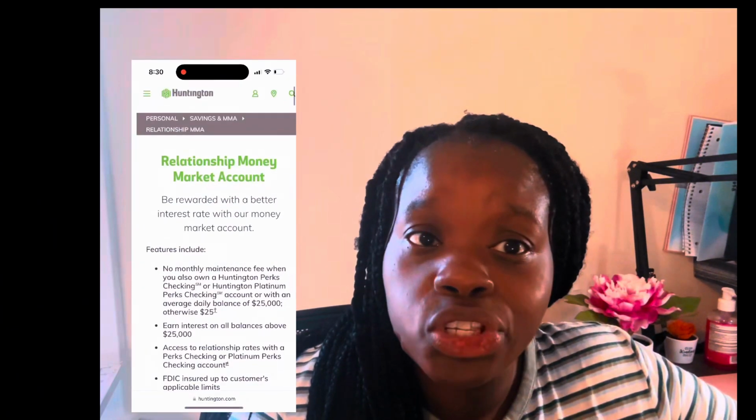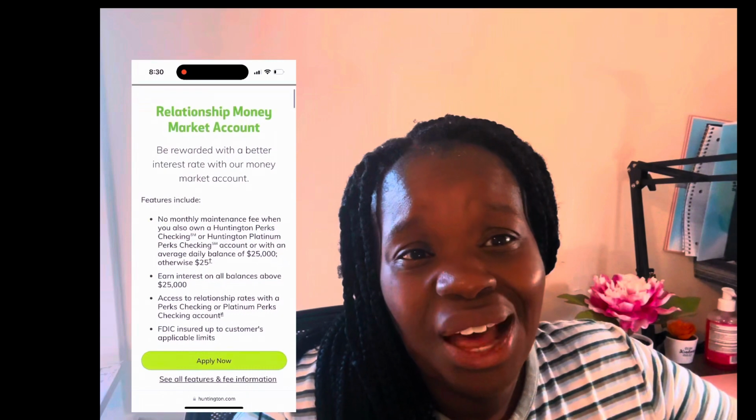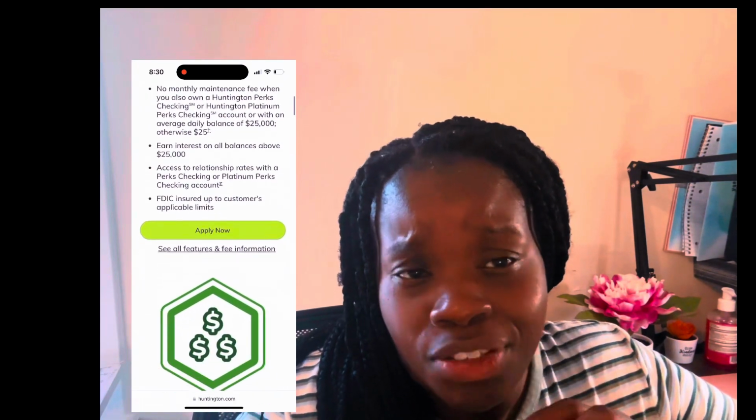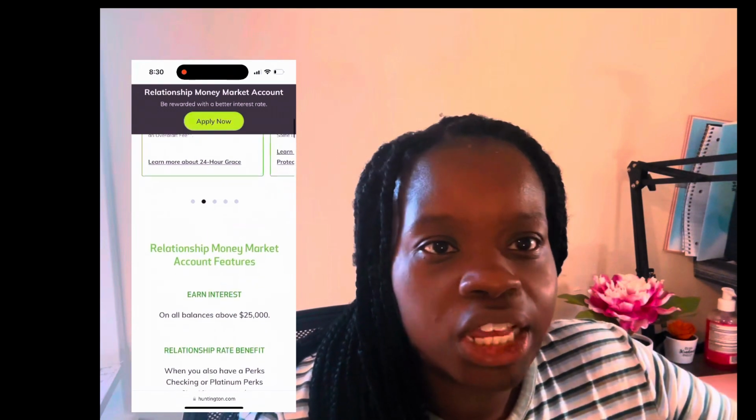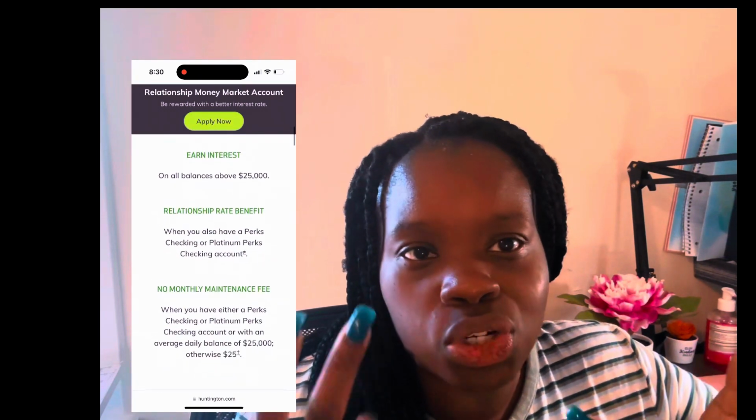I think it's like 0.01 or something. Very, very small savings rate. But when we think savings account, it's usually the first account that we think of.